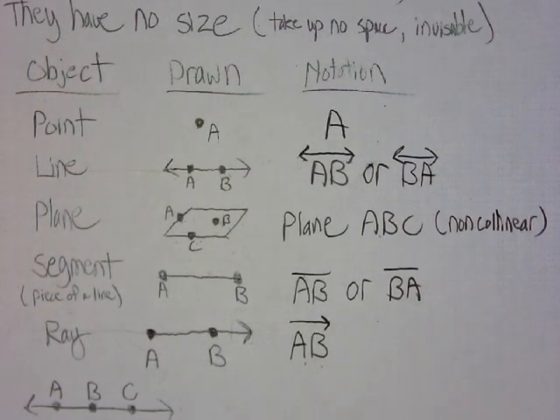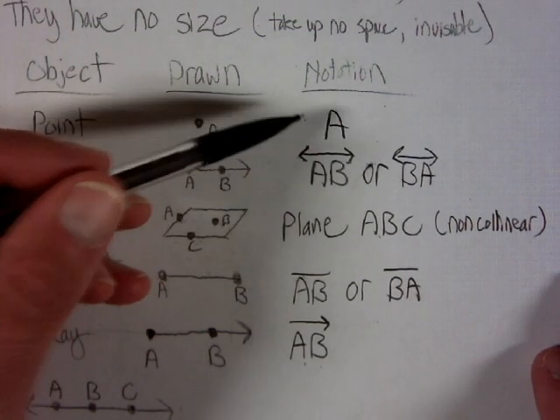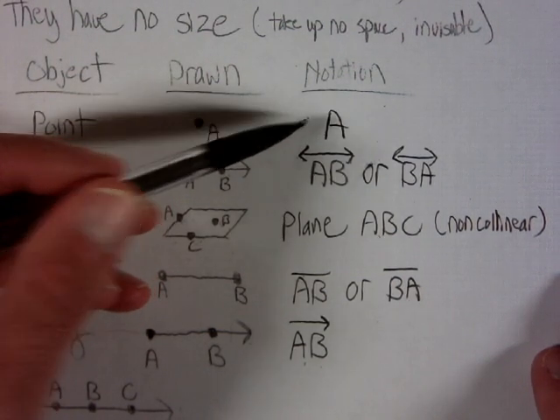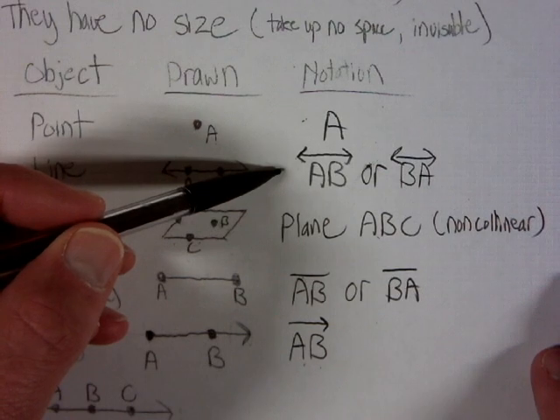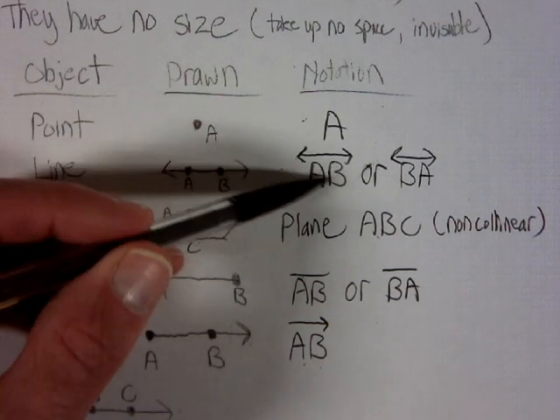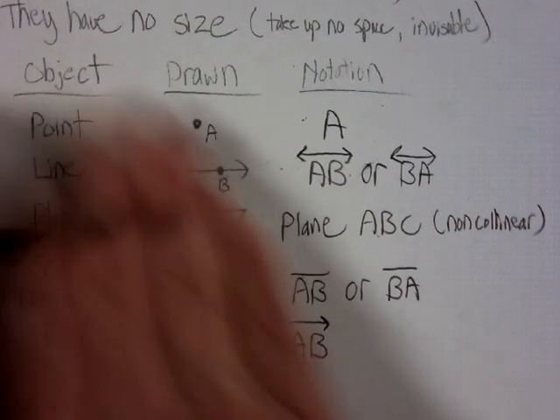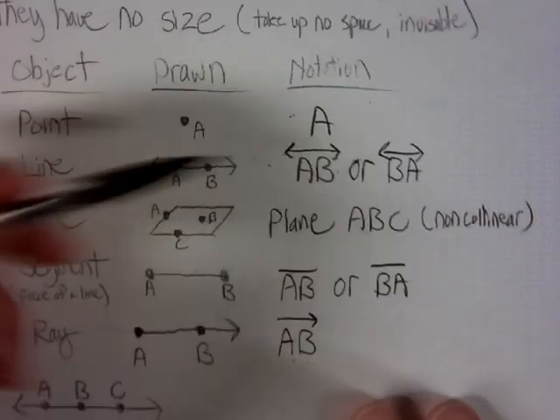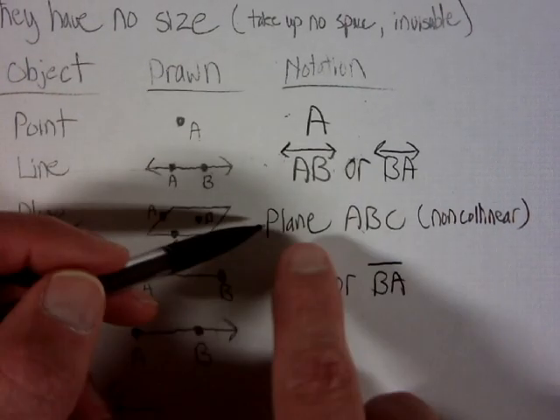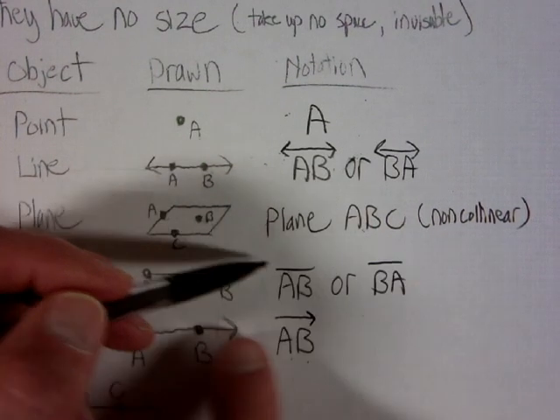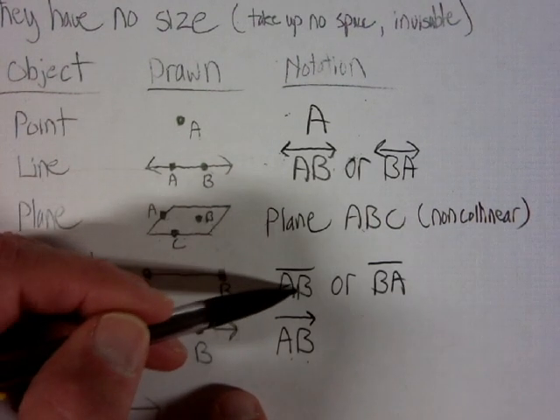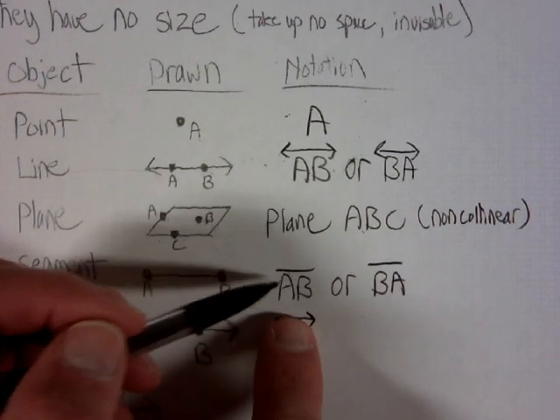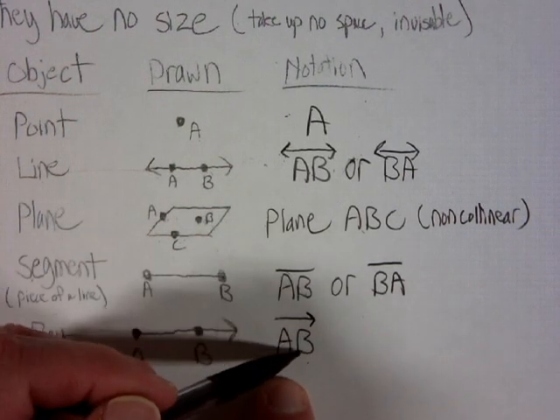You will say the name of the object, then you say the letters. If I were naming this point, I would call it point A. If I were naming this line, I would call it line AB. How do I know it's a line? If I didn't have the picture, because of the line symbol. I would call this plane ABC, ray AB, or excuse me, this is segment AB. This is ray AB, all right?